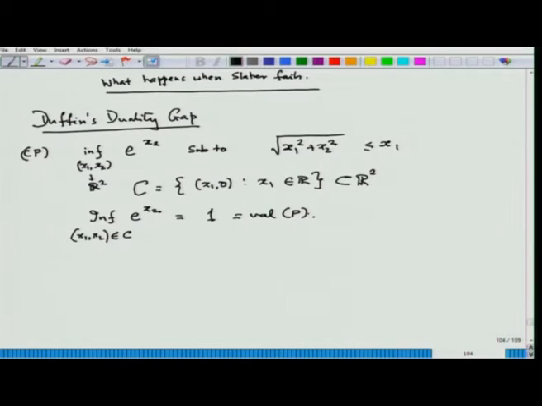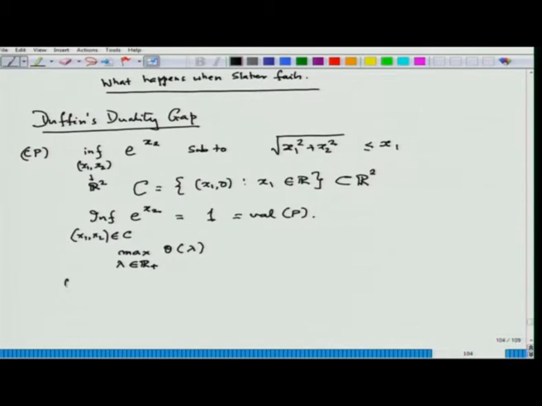So, what about the dual problem? The dual problem is the max of theta lambda, with lambda an element of, in this case, since I have one constraint, R plus. So, here m is actually 1. Now, this will be something very simple.